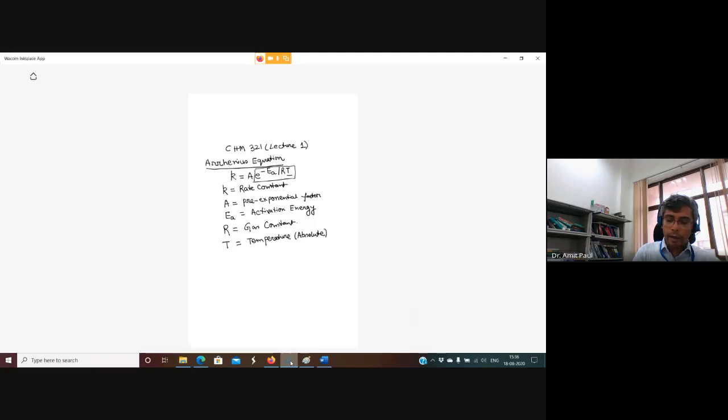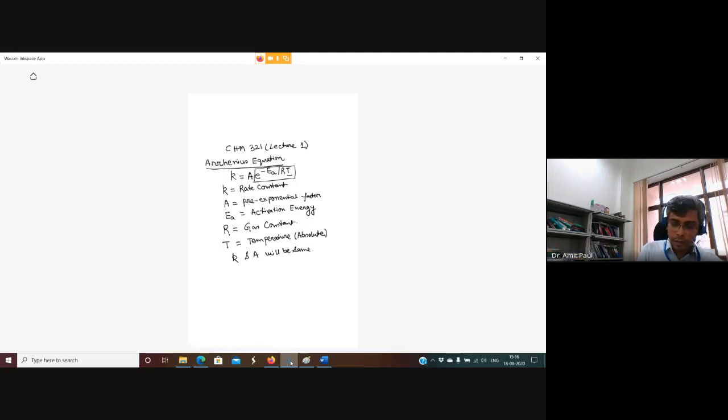I will leave it up to you to determine the unit of this exponential term, and hopefully you know that this exponential term doesn't have any unit, and the pre-exponential factor represents the maximum rate constant possible. So the unit for k and A will be the same.